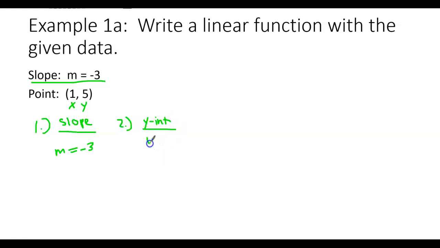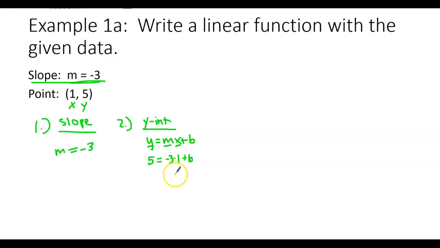And this is where most of our work is going to be for this particular problem. To find your y-intercept, you're going to take the slope-intercept equation, y equals mx plus b, and plug in something for y, m, and x so that you can find b. Well, we have all those things. My m is -3, my x is 1, and my y is 5. So I'm going to replace y with 5, m with -3, and x with 1.